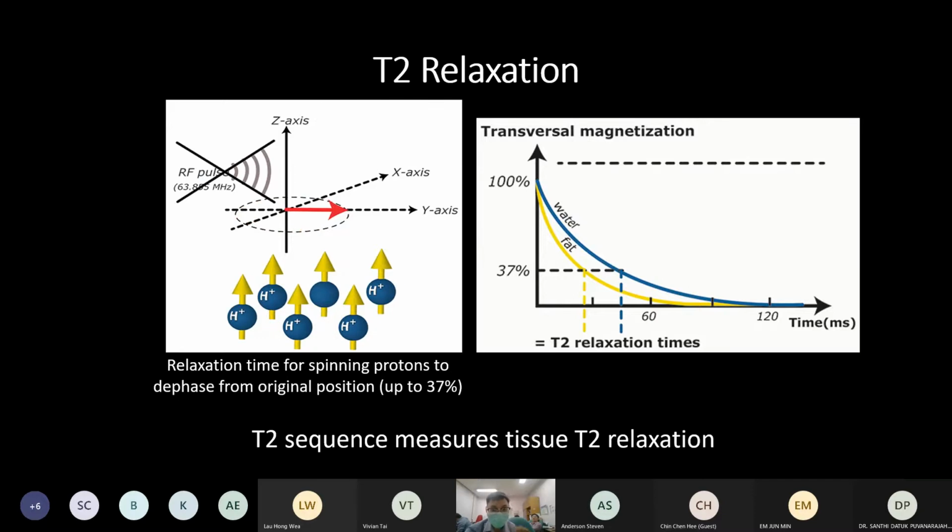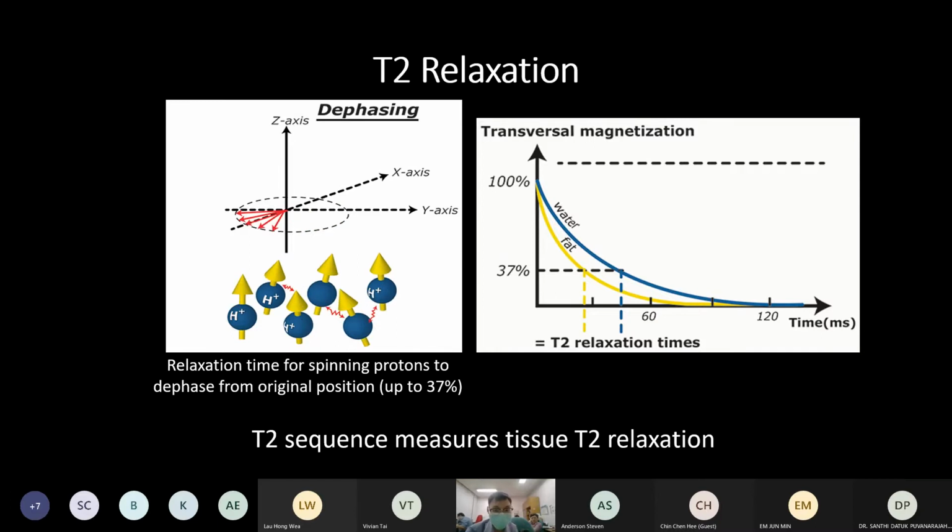As you can see, water is slightly slower compared to fat. Fat is still faster, but in this phase you are measuring the oscillation and the echo. The more echo there is, the brighter the MRI can detect. So the slower the relaxation time, the brighter the substance will be.